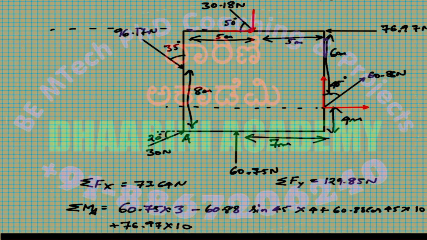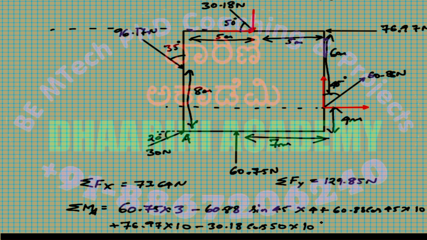Let me write the horizontal component first. It is from left to right, so the sign convention will be negative because it is clockwise. So minus, horizontal component will be 30.18 into cos 50 into the shortest distance from A, which will be the complete y-axis, that is 10.